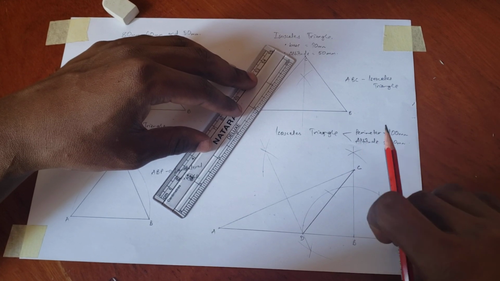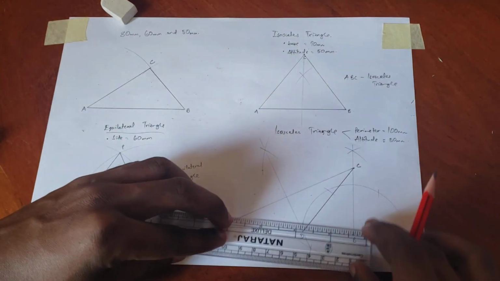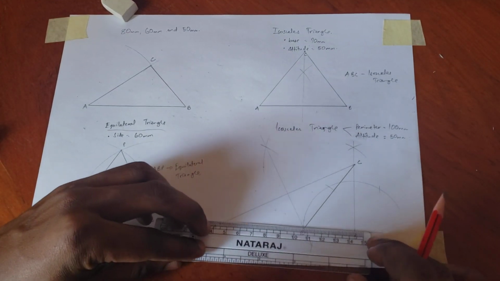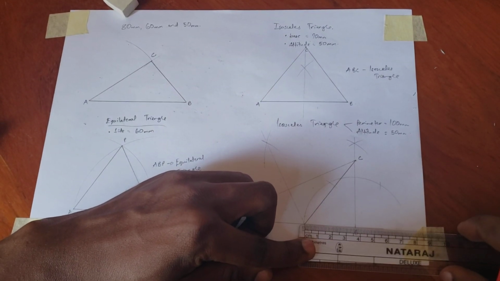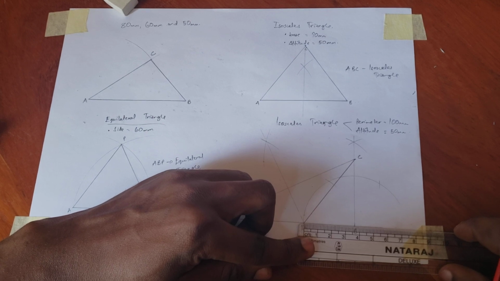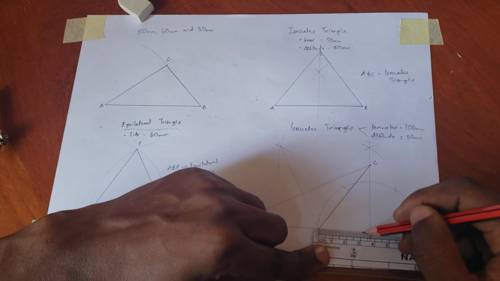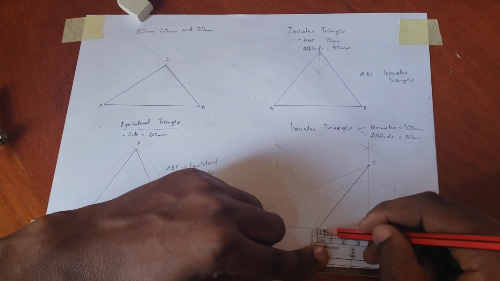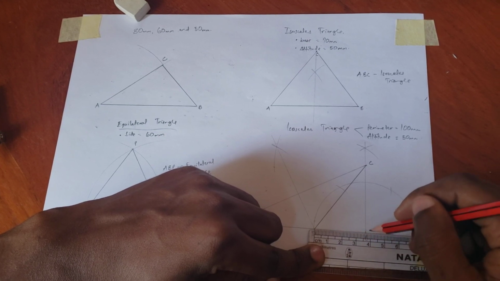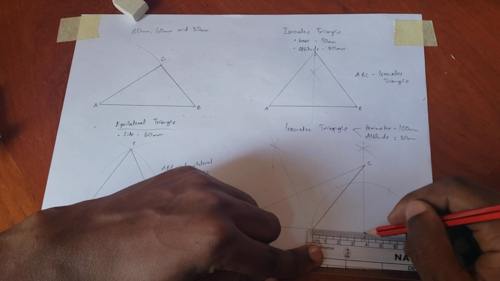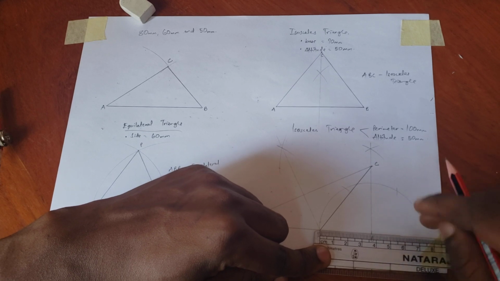Okay, now we should measure the distance. Okay, it is 3.7.